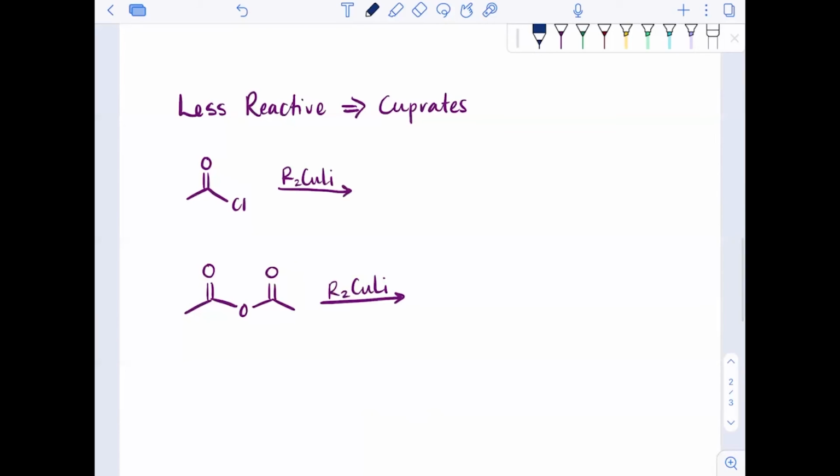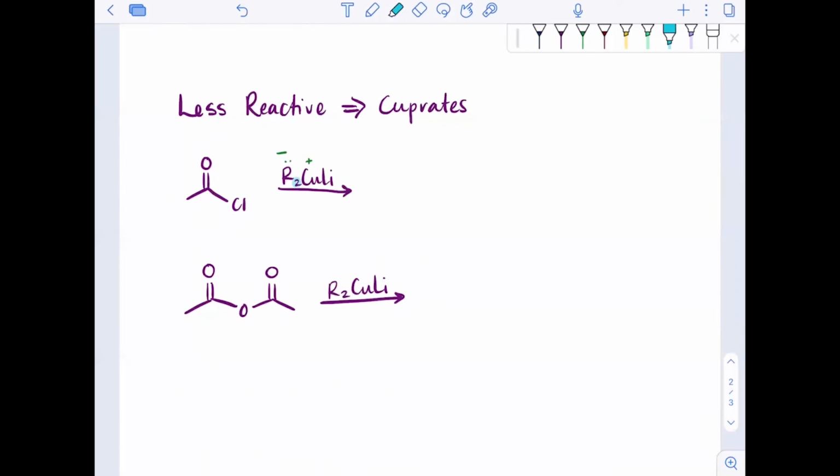Cuprates are less reactive. Cuprates are the copper version, or the Gilman reagents, of our organometallic compounds here. Now, just like before, the Gilman reagent has a carbon nucleophile. We can think about that carbon nucleophile being paired again with a metal. But notice here, those two simply mean that there are 2 equivalents of R group, but only one is going to react.